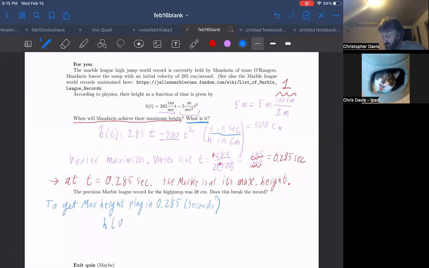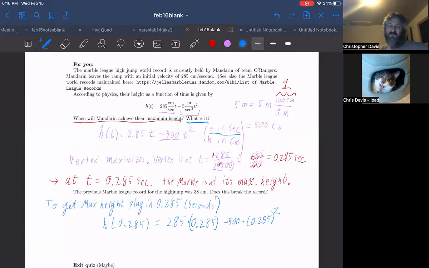H of 0.285 is equal to 285 times 0.285. And don't worry, I won't do this evaluation by hand. Minus 500 times 0.285 squared. So what'll I do? No, I won't do it that way.